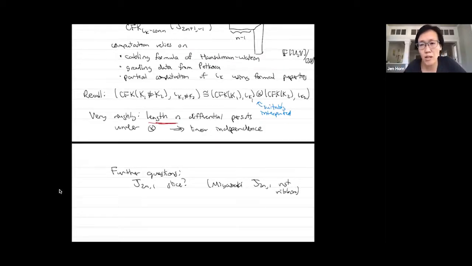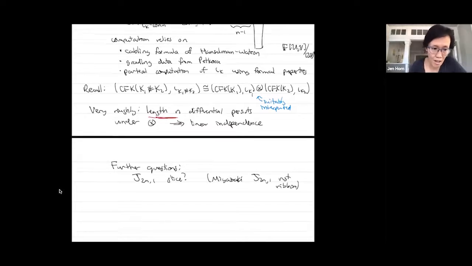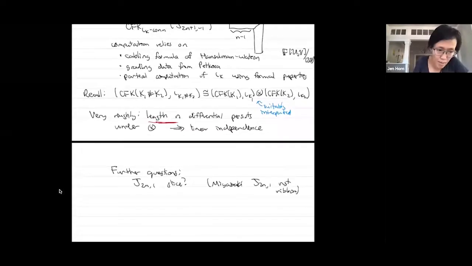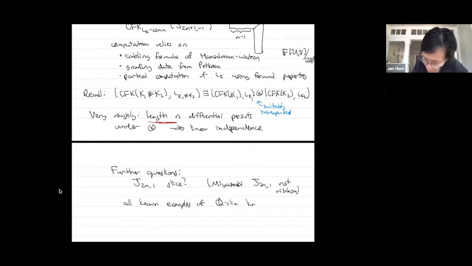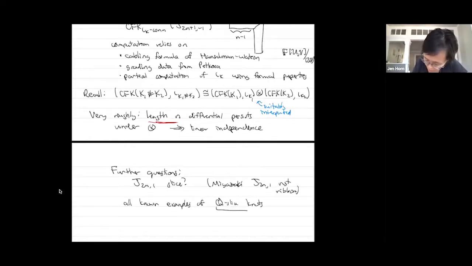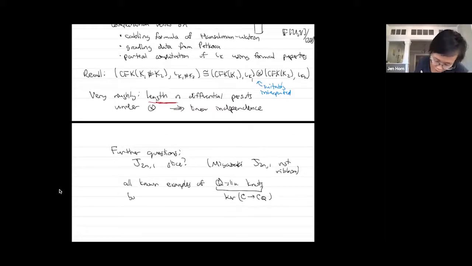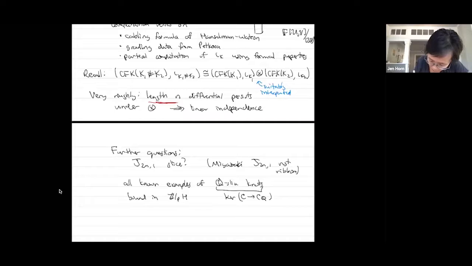Great. And also, we've been talking about rationally slice knots. Maybe I'll point out that all known examples of rationally slice knots, remember, this is the kernel of the map from the concordance group to C_Q, all bound Z mod p homology balls, where p is odd.